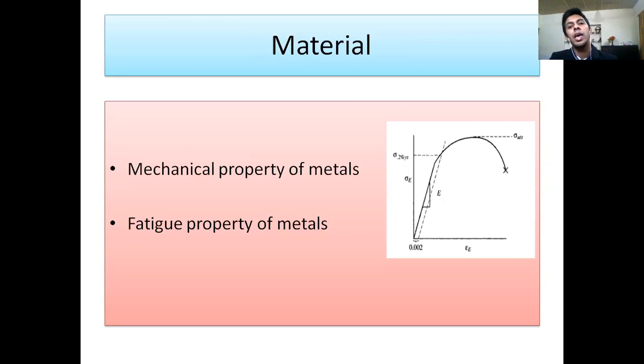If we apply a force, the rod becomes longer and thinner. The engineering stress is calculated by dividing the force by the original cross-section area, and strain is calculated by dividing the increase in length by the original length.